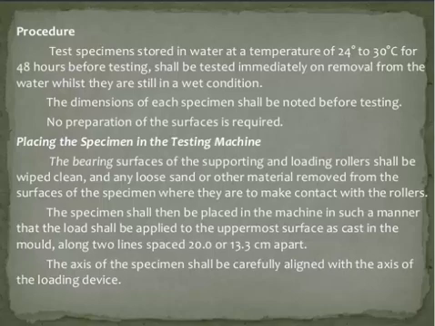The dimensions of each specimen shall be noted before testing. No preparation of the surface is required. So whenever we take the sample out from the curing, it is kept in the machine for testing.